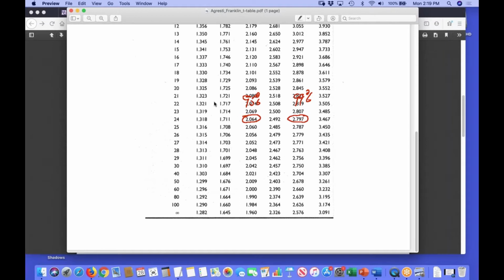And if we only needed to be 90% certain, we would have used 1.711 and done exactly the same calculation, using this as t for a 90% confidence interval, this as t for a 95% confidence interval, and this as t for a 99% confidence interval. So this would be the narrowest, in between, and the widest. As we want to increase our confidence that we capture the true population mean, we make our confidence interval wider.